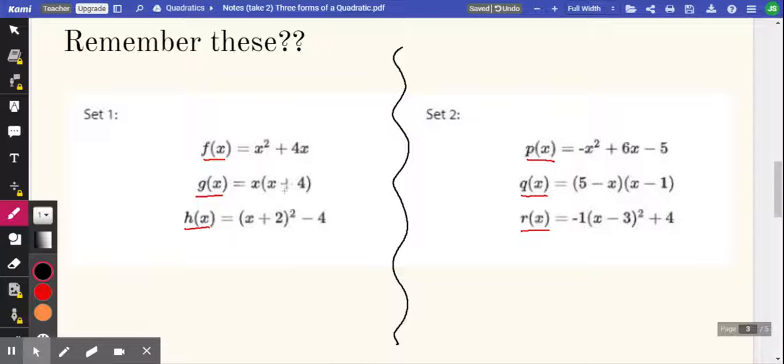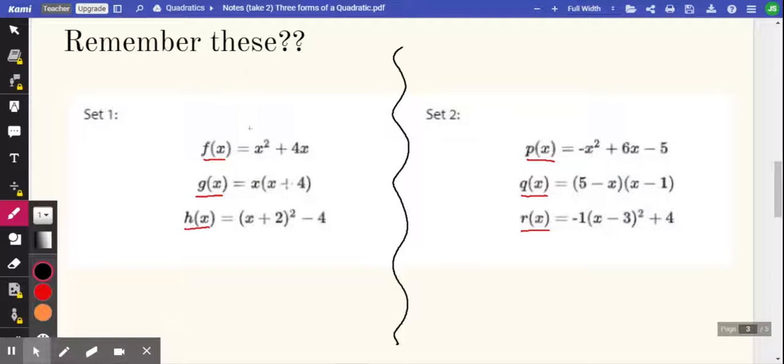X times 4 gives me 4x. So I could see that these two are the same. This one takes a little bit more work. I'd have to do the box and multiply that all out and subtract 4, but that would also be the same thing. So these are all the same equations, and these are all the same equations. They're just written in the different forms.